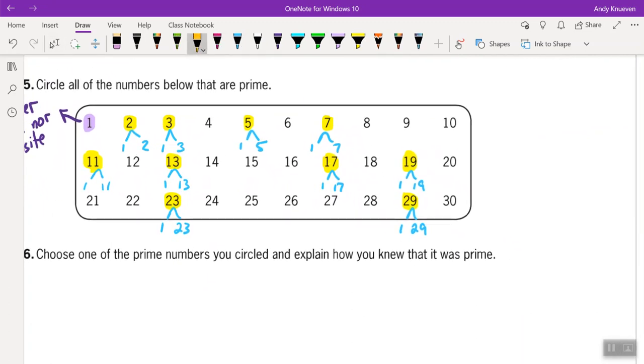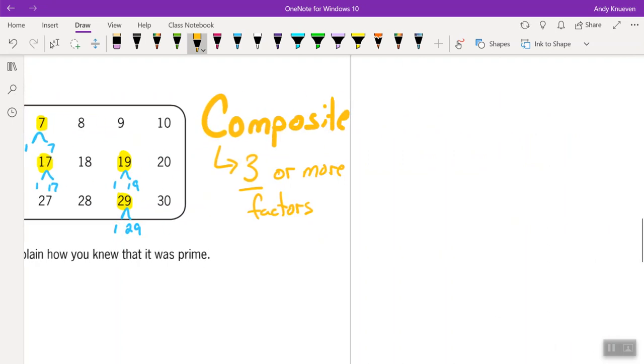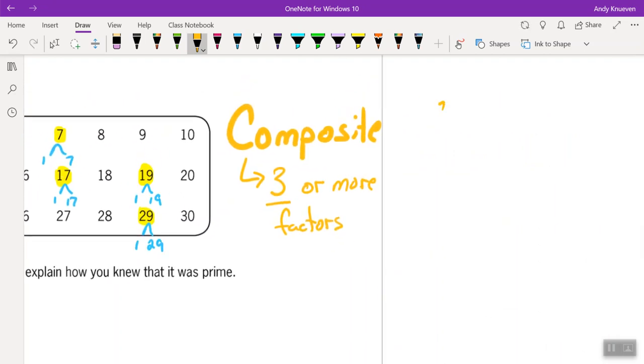So let's talk real quick on composite. A composite number means that we have 3 or more factors. If I were to look at the number 6, well, 6 can be made up, of course, 1 and 6, but it also has 2 and 3.